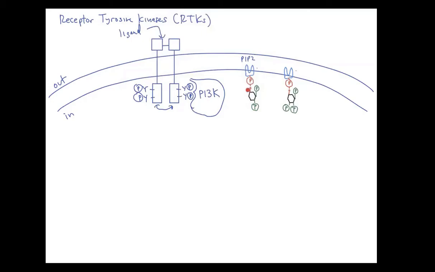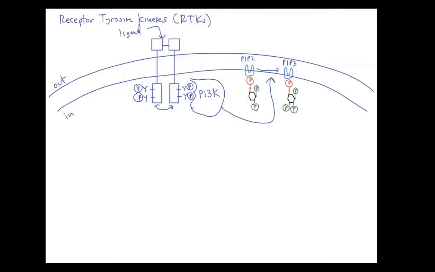And so what we can do is we can draw like an arrow to indicate that this phospholipid PIP2 is going to get this extra phosphate right here. And now what we call this is PIP3, which is going to be named for the 3 phosphates that are on the inositol. So this is phosphatidylinositol 3, 4, 5 trisphosphate.